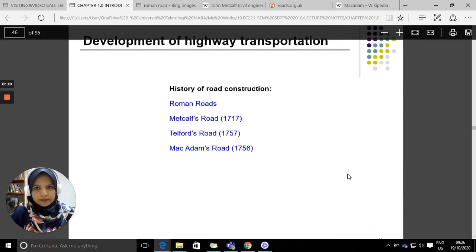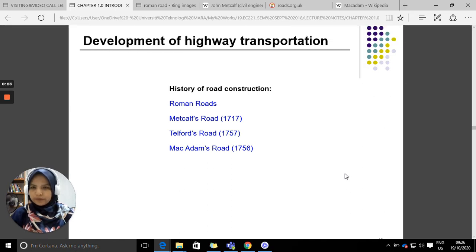On this subtopic, we will be looking into the four different road construction or highway construction. It started from the Roman road, in the early 17th century, Metcalfe Road, followed by Telford Road, and finally there's the introduction of McAdam's Road.